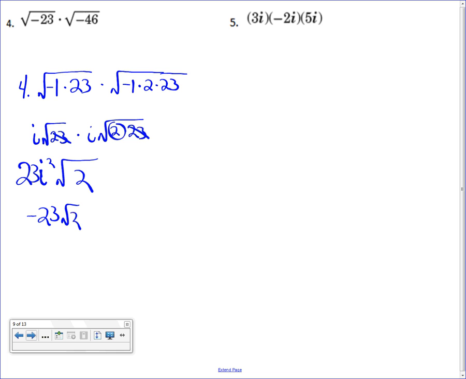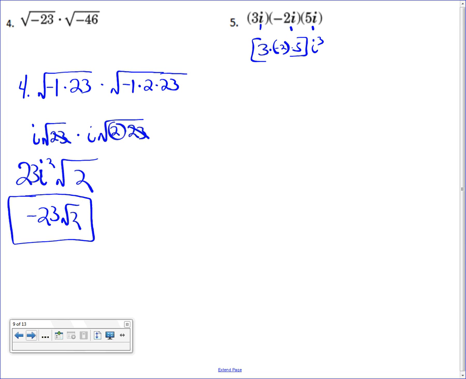Jumping on over to problem number 5. When I multiply all this out, I've got 3 times negative 2 times 5, and I'm going to be multiplying that by i to the 3rd power. 3 times negative 2 is negative 6, times 5 is negative 30.